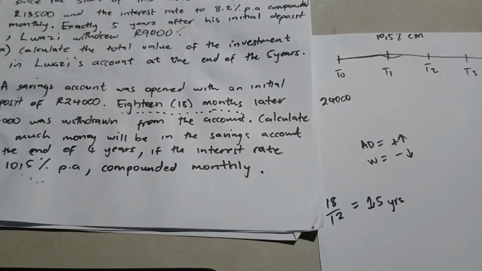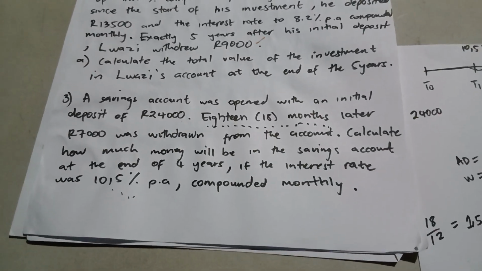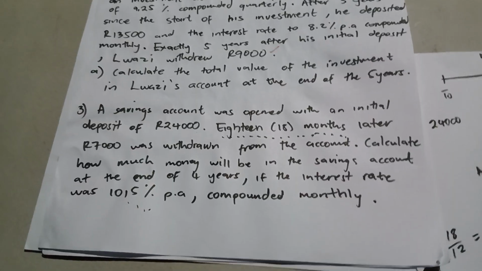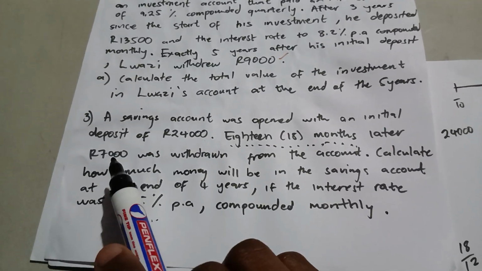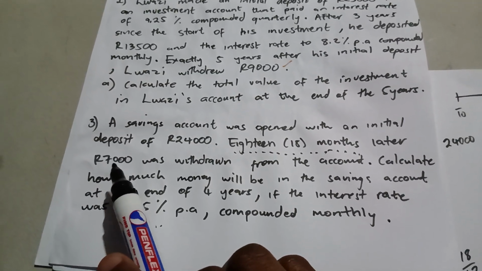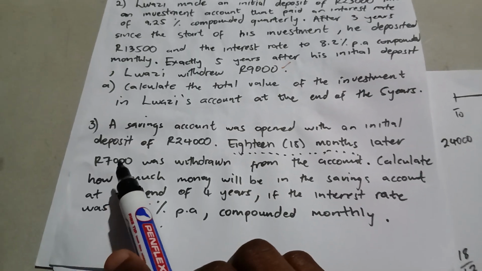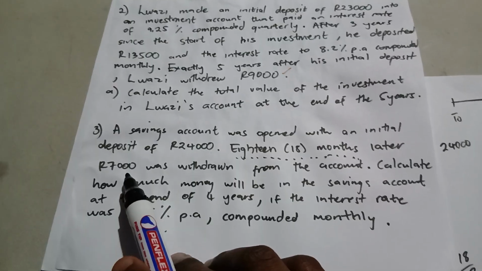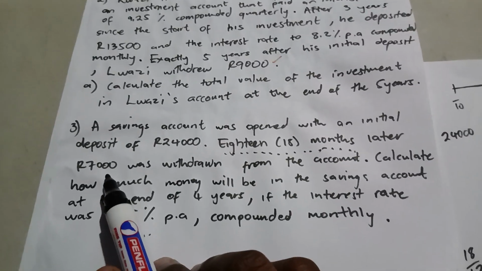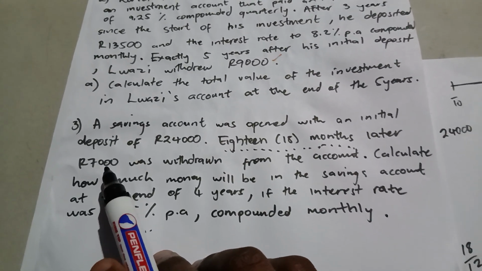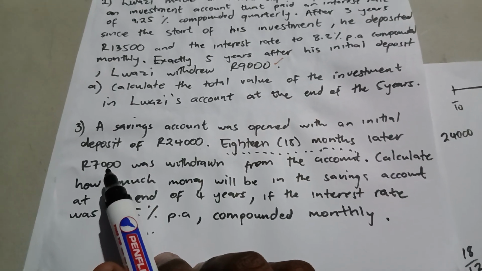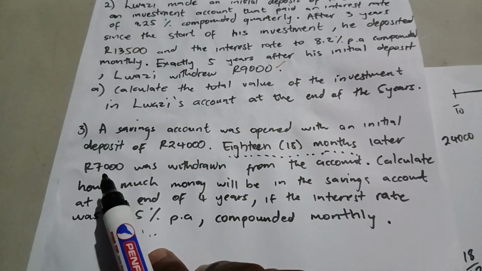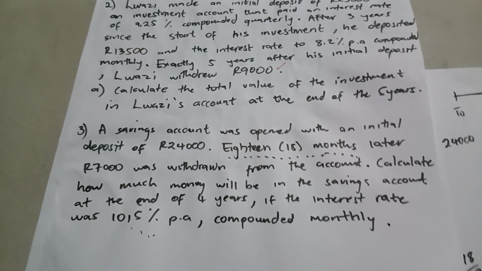So basically, which means now that this 7,000 that was withdrawn from the account is not only just going to count as 7,000 subtracted. Remember, this 7,000 was going to accumulate interest. So 7,000 together with the interest that was going to be accumulated on the 7,000 will now be deducted in the account.